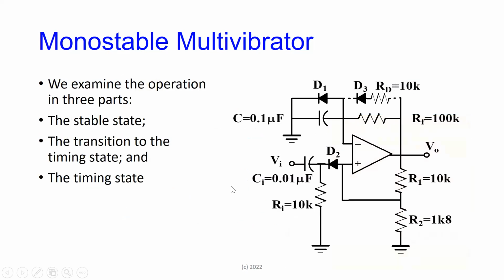There are three particular states of it. One is a stable state where it will stay forever. The other one is a transition state, and then the other one is a timing state, right? This is the unstable state, right? This one is unstable. So it's going to stay here for a little while and then return to the stable state.